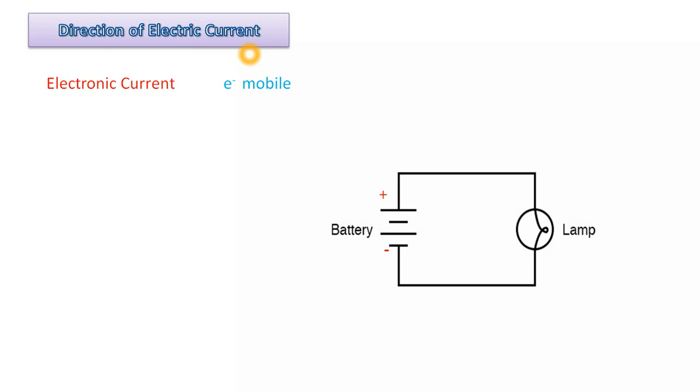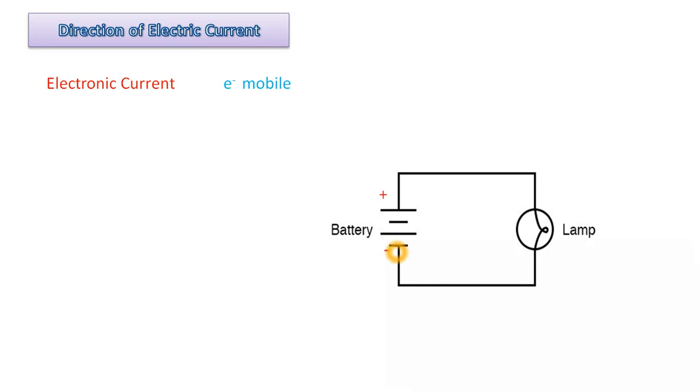Now, if you look at the circuit carefully, what do you see? This is the positive terminal, and this is the negative terminal of the battery. Electrons are negatively charged particles. In which direction will these electrons flow? Being negatively charged, they will start flowing from the negative terminal, right?